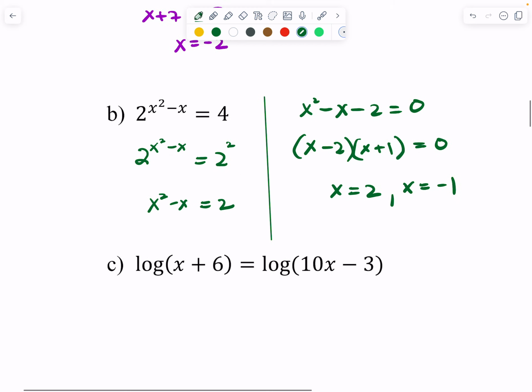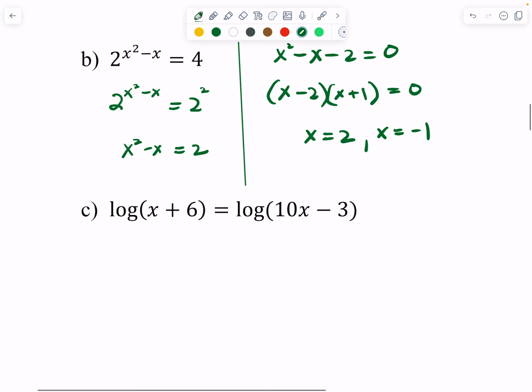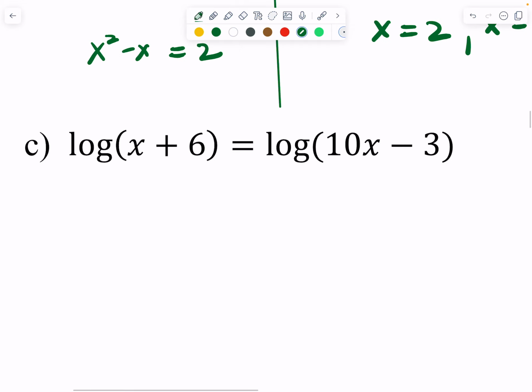The next equation, so both of those were exponential equations where we could use the one-to-one property in order to rewrite the equation into a form that we know how to solve. This next equation is a log equation. And we look, the left-hand side is log. There's no base written, so we know that's log base 10 of x plus 6 equals the log, again base 10, of 10x minus 3.